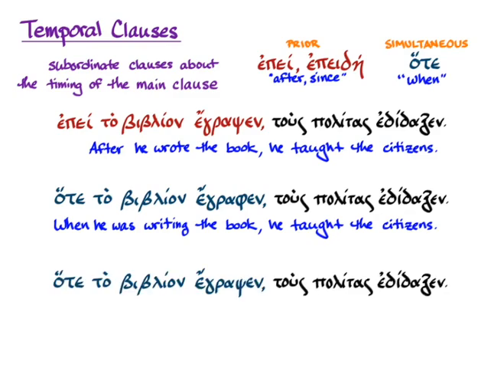Hote to biblion egrapsen, tous politas edidaxen. When he wrote the book, he taught the citizens. Again, very simple to translate the indicative and then add in the meaning of the conjunctions, and you've got a perfectly good translation of Greek temporal clauses.